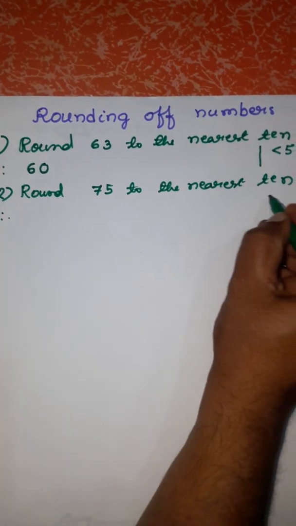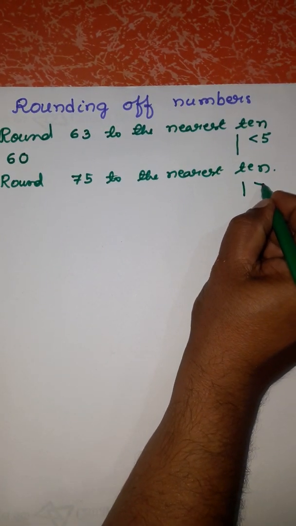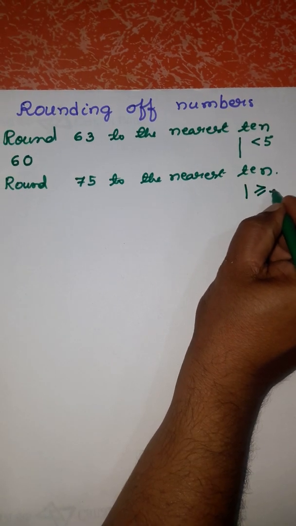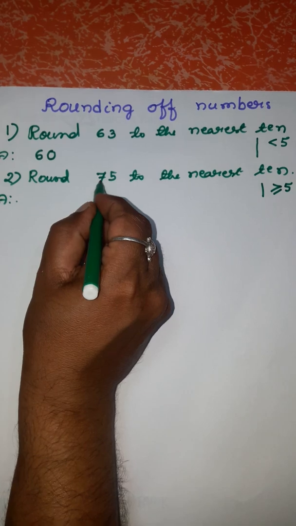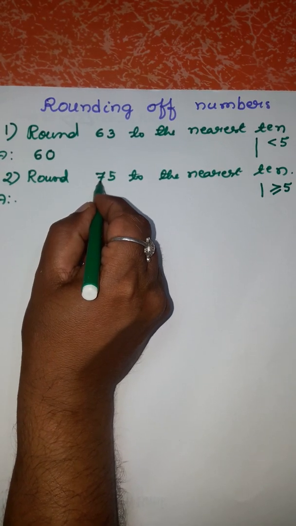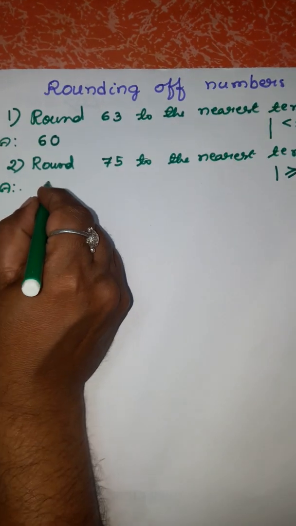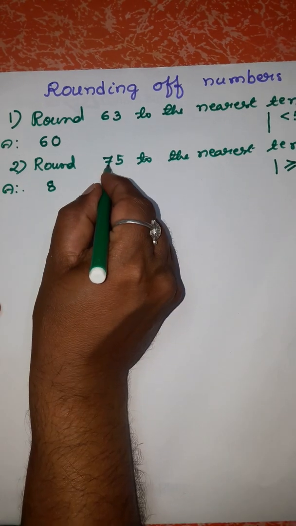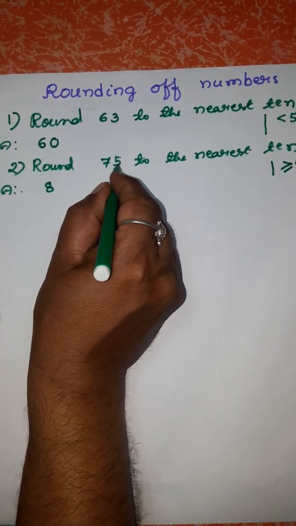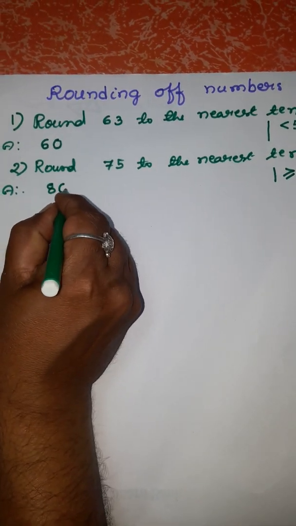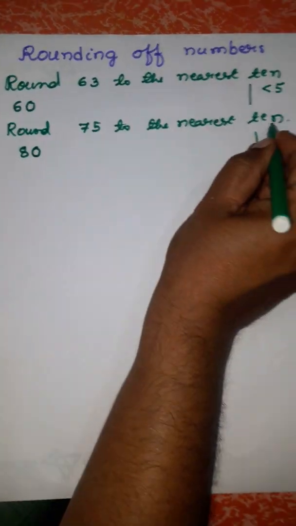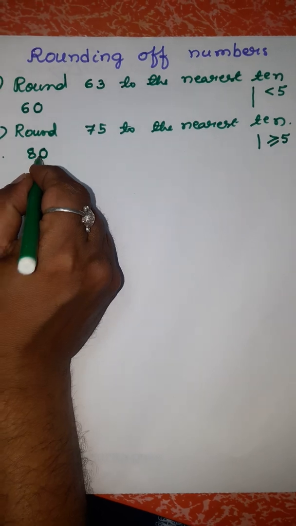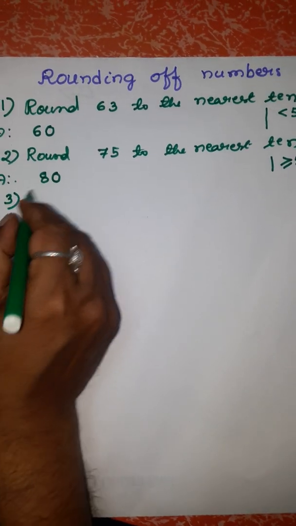Now unit place is equal to 5. Any number equal to or more than 5 you find in unit place, add 1 to tens place. 7 plus 1 is 8, because we have 7 in tens place, and make this as 0. Now we have rounded off 75 to the tens place. The answer is 80. Now I will give another example.